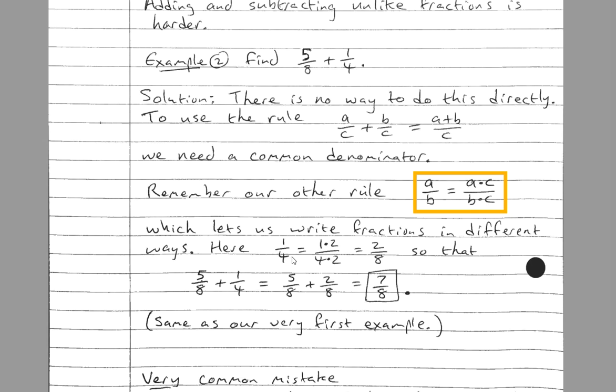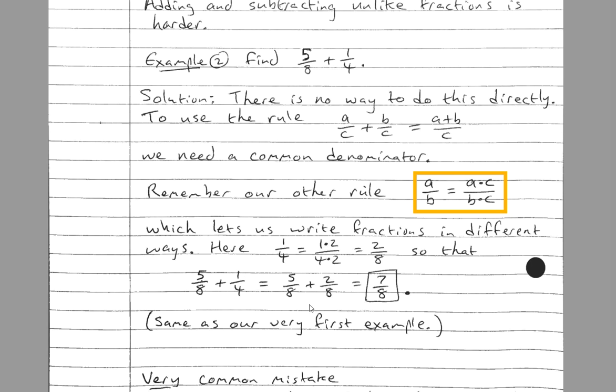The idea here is I want the same denominators, so I'm going to hit the top and bottom with 2s. That gives me what I want on the bottom: 4 times 2 is 8. But the top also changes, so 1 times 2 is 2.